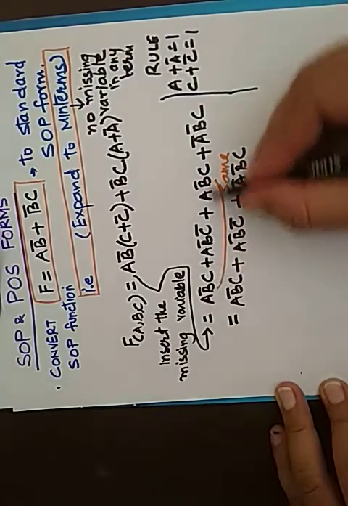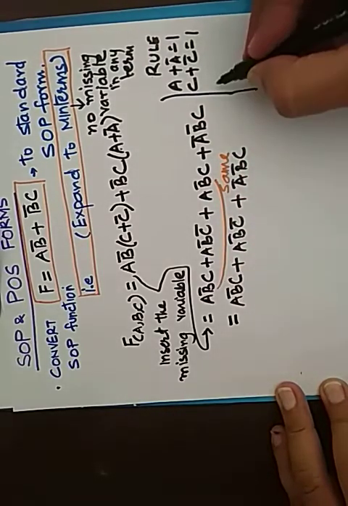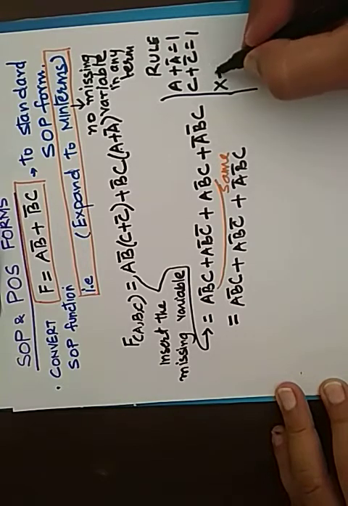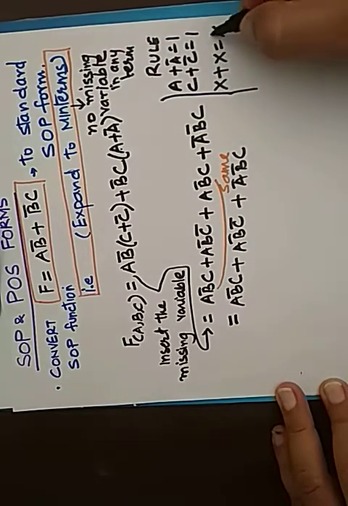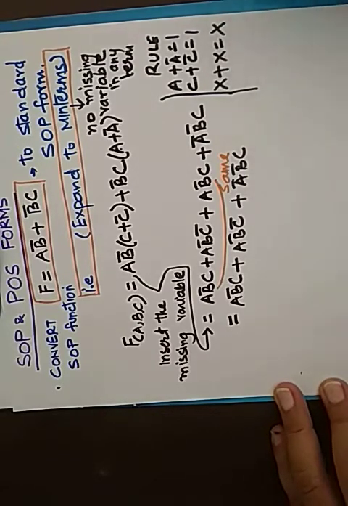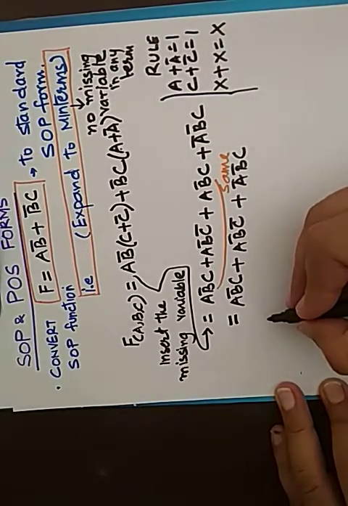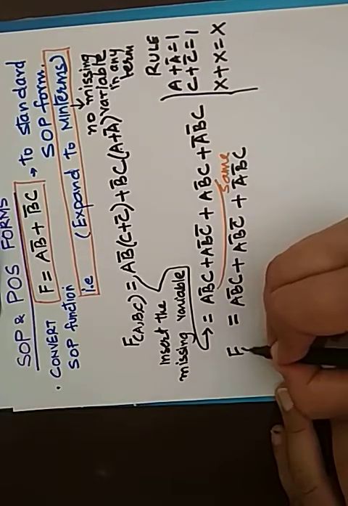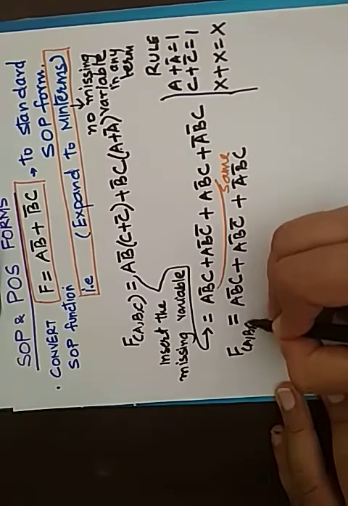Why did we write the same term as one term? Because we have a rule which tells us x plus x is equal to x. This now gives us the answer.